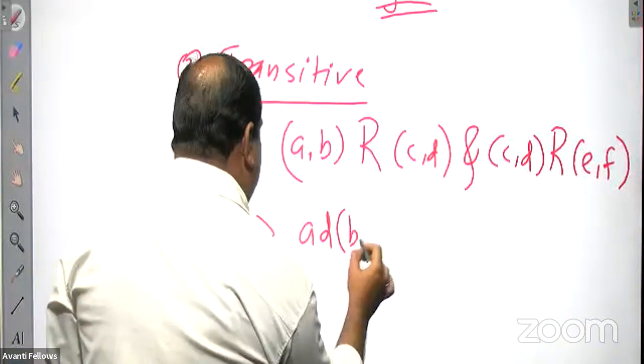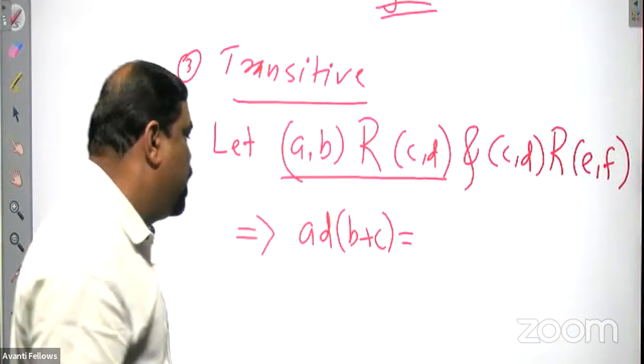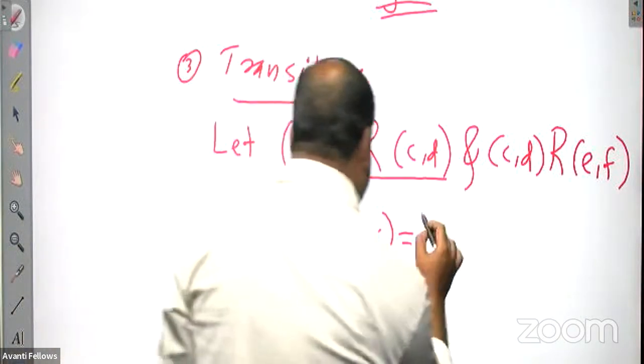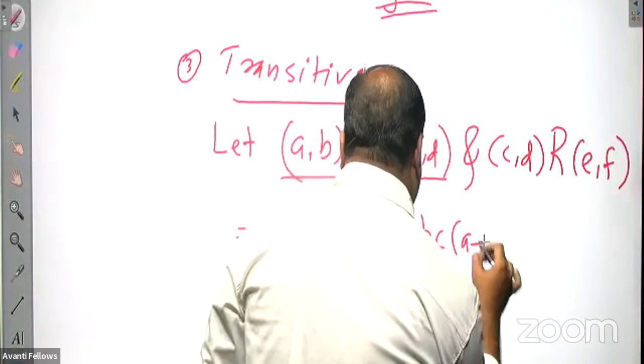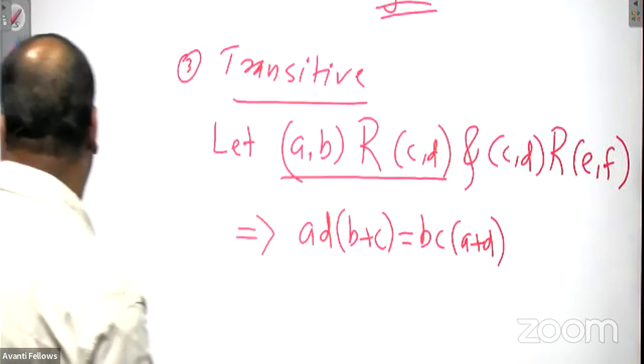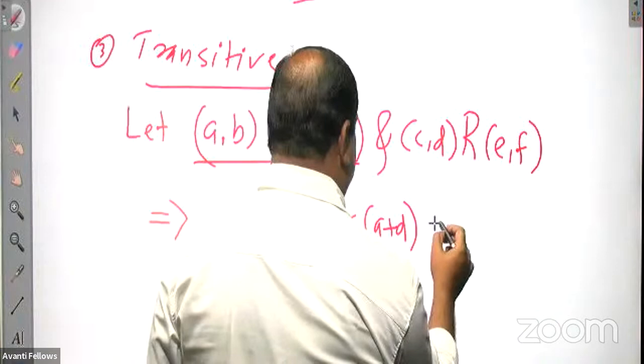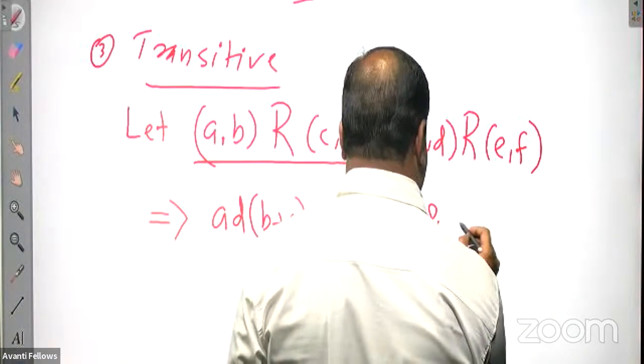For the first condition, you will get AD into B plus C equal to BC into A plus D. Then from the second, what you will get?